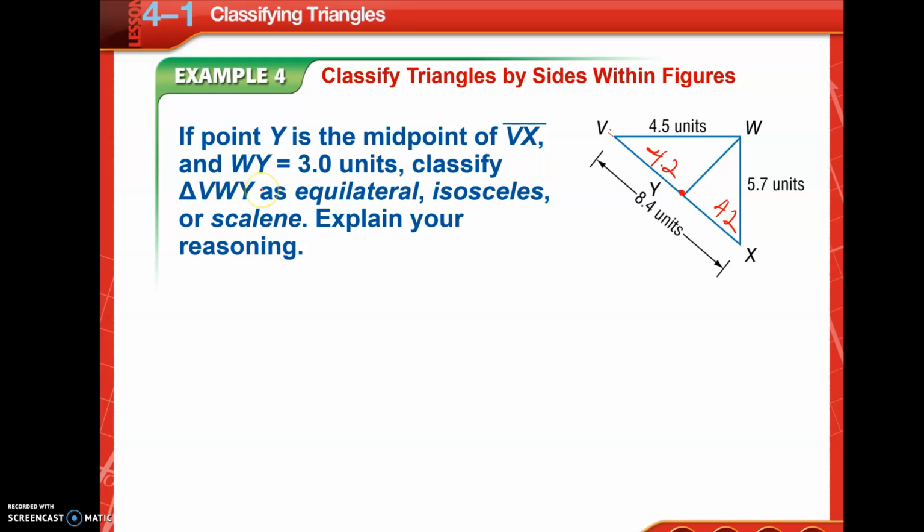WY is 3 units long. We're going to classify whether or not VWY is equilateral, and it's not because none of the sides are congruent. Isosceles, no, so it would be scalene.